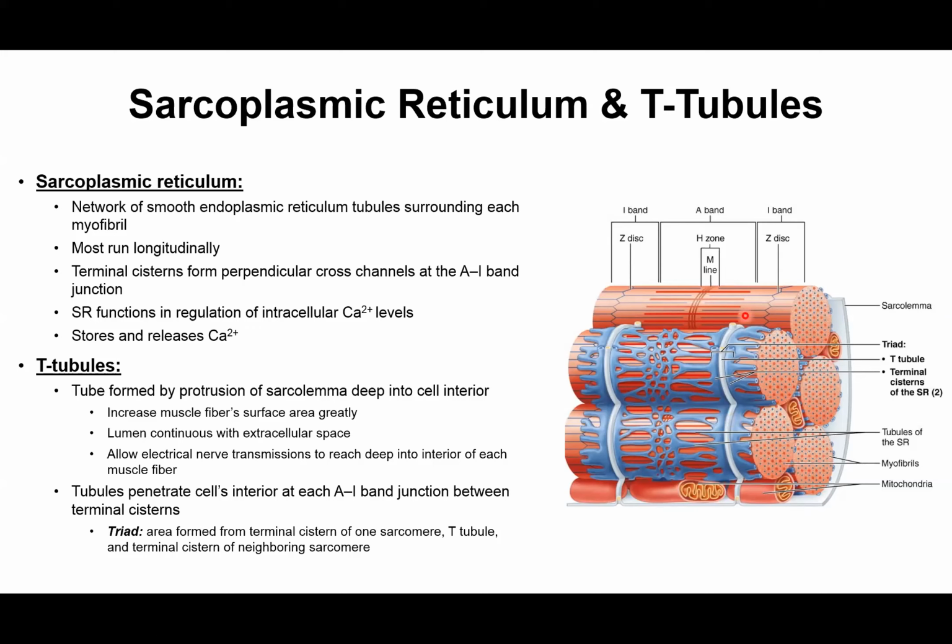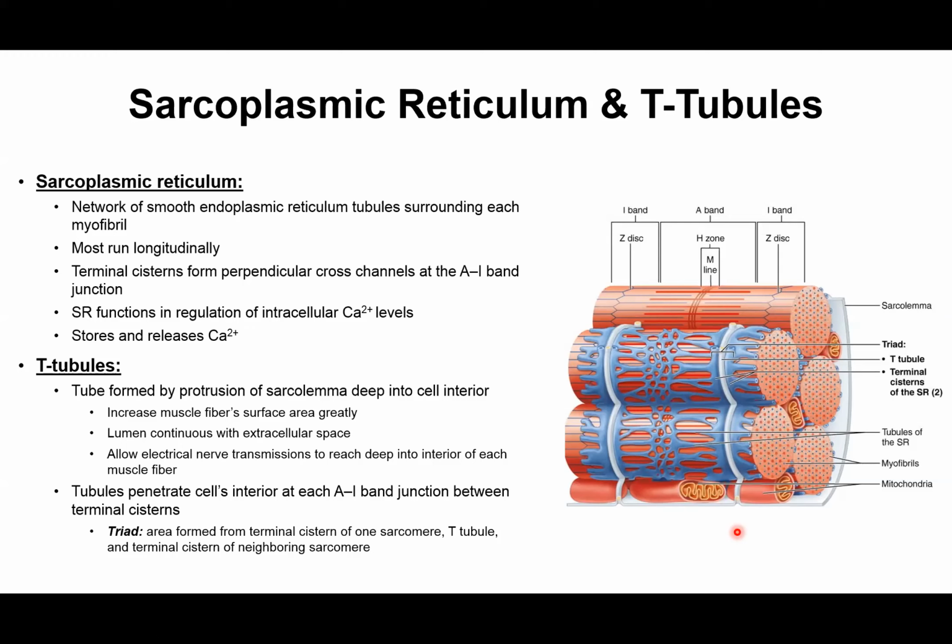Again, I had mentioned before, these T-tubules are these sort of white-looking lines that are formed due to the sarcolemma, that outer sheath, diving deeper into the interior of a muscle. This again just increases the surface area.